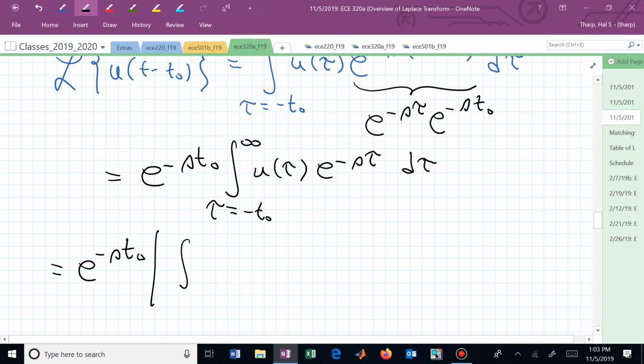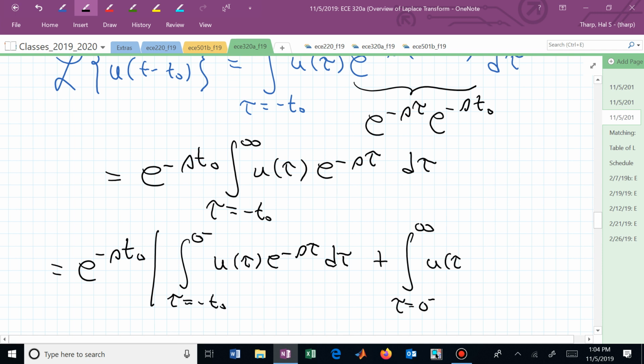Let's integrate from minus t naught up to 0 minus, u of tau e to the minus s tau d tau, plus the integral from tau equals 0 minus to infinity of u of tau e to the minus s tau d tau. And that right-hand integral now does look like what we just did. We just need to worry about the first integral.